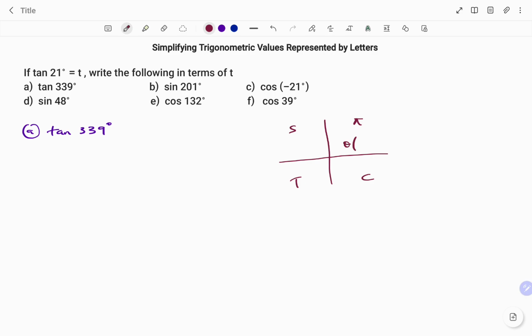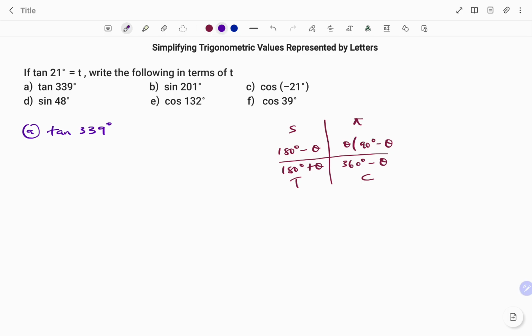In the first quadrant, we have 90 degrees minus theta, or theta if it's an acute angle. We have 180 degrees minus theta, we have 180 degrees plus theta, and in the fourth quadrant, we have 360 minus theta. If you look at angle 339, that falls in the fourth quadrant.